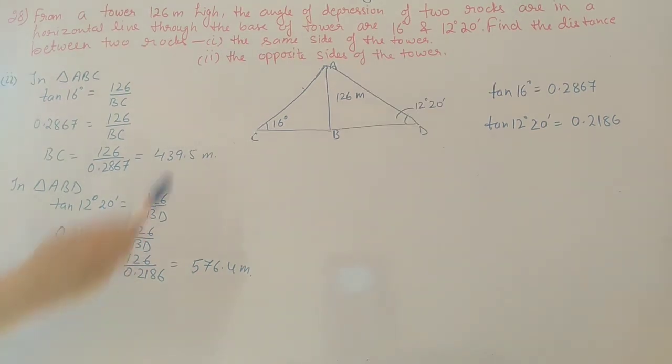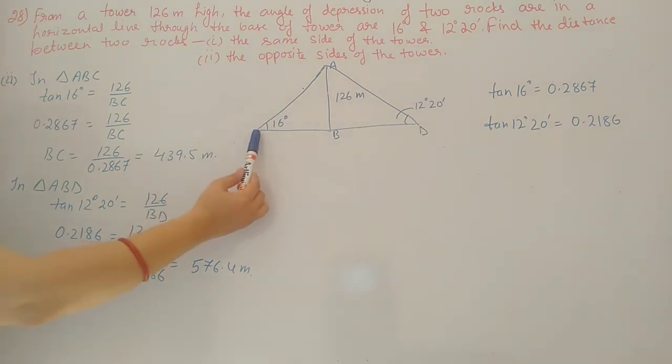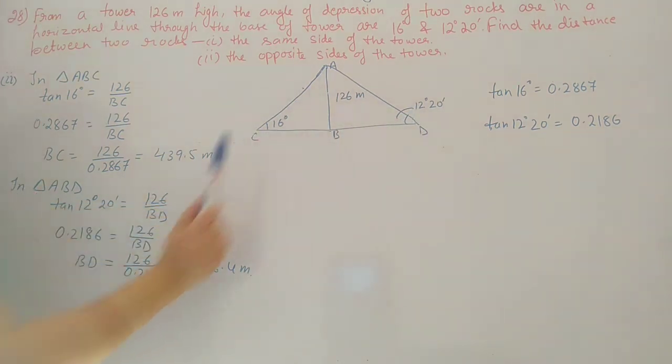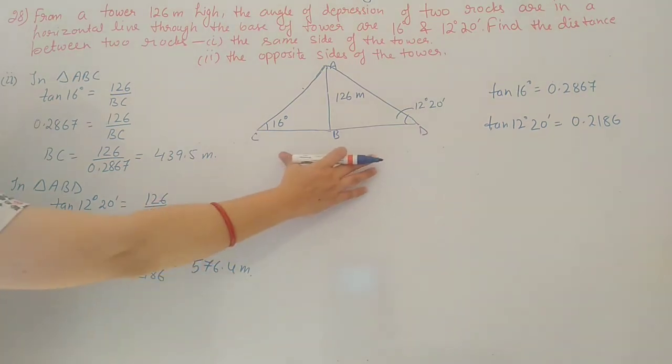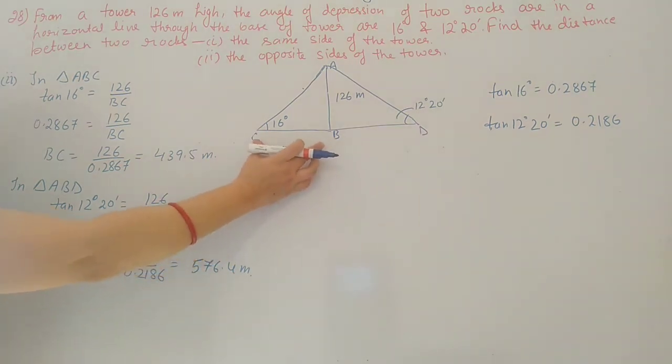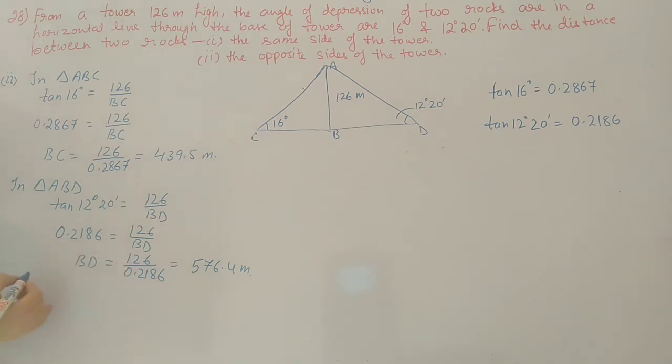Now the second case, when the rocks are on opposite sides of the tower. So one rock is here and another rock will be on the other side. In this case, the calculation will be the same, only a little change is there. Now we have to find CD by adding BC plus BD. So in the second case, CD is equal to BC plus BD.